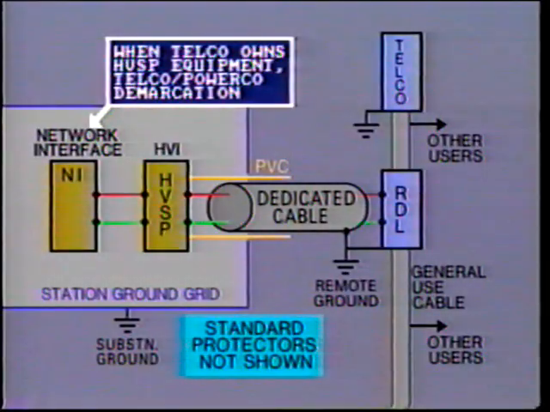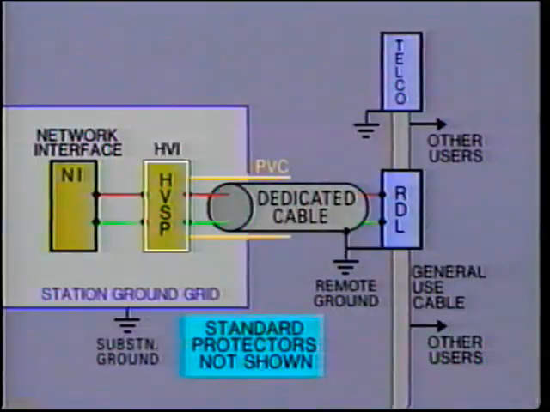Where the telephone company owns the HVSP equipment, the demarcation interface between telco and powerco will be located downstream of the high voltage interface. However, there are exceptions to these arrangements. Make sure that you're aware of the precise arrangements within your own company installations.